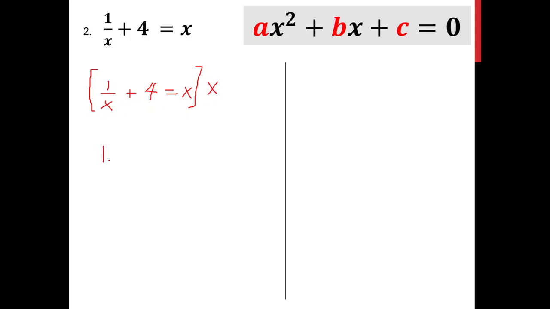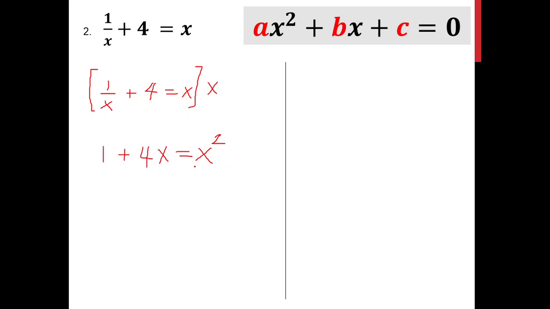I'll bring down 1. Again, this will cancel out this x and that x. So there's no need for you to go on with the distributive property by multiplying 1 and x, that becomes 1x, then divide by x, the same result, 1. So this x and this x can cancel out, leaving us with the numerator 1 plus 4 times x, which gives you 4x, equals x times x, which is x squared.